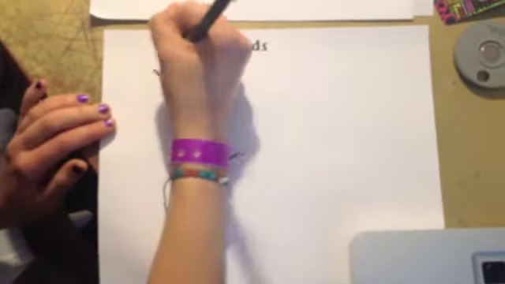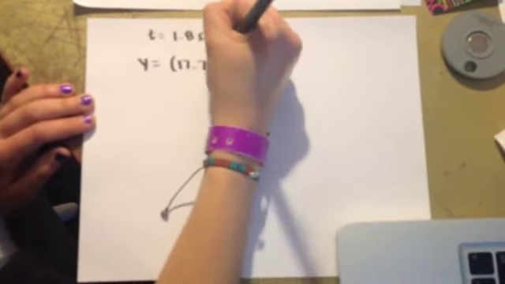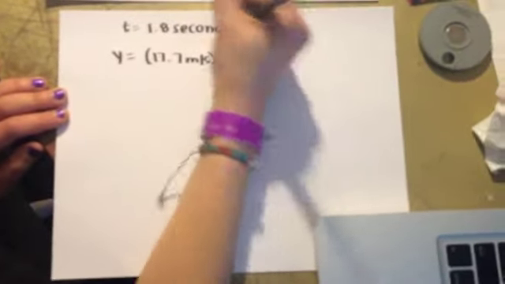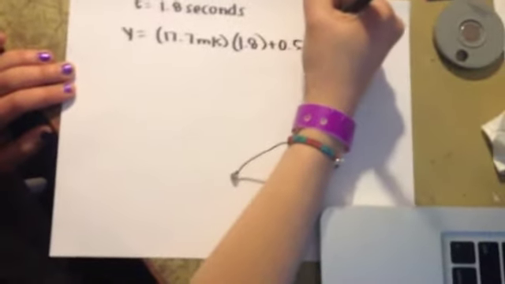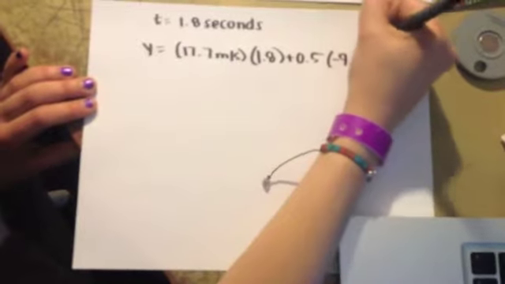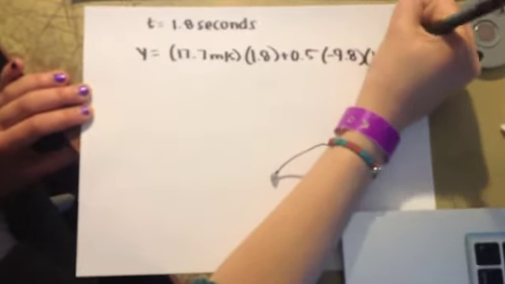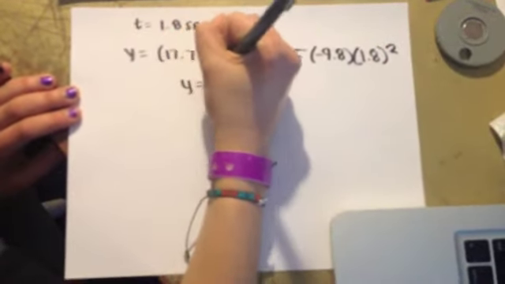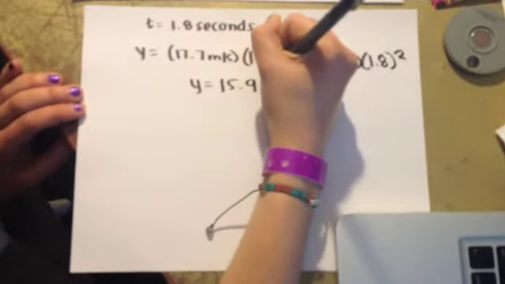So y equals 17.7 meters per second times 1.8, which is half of the original time, plus 0.5, which is just a constant, times negative 9.8, which is gravity, times the same time squared. If you solve that, y equals 15.9 meters.